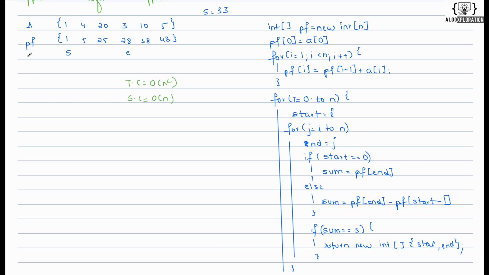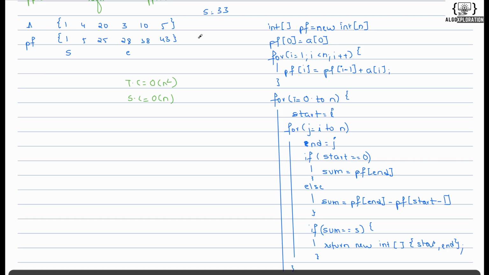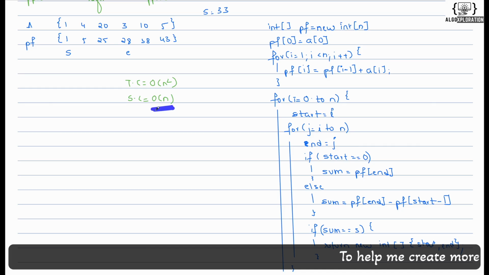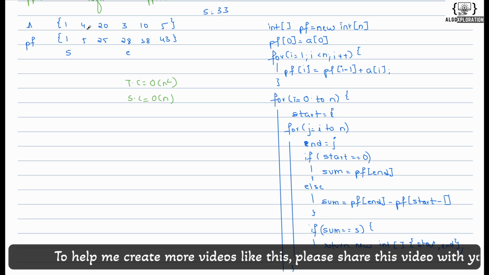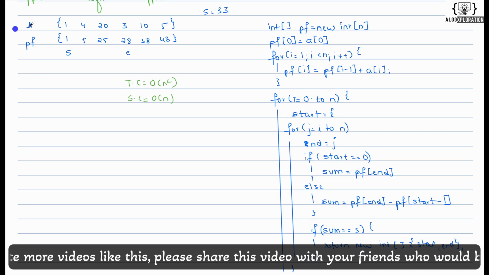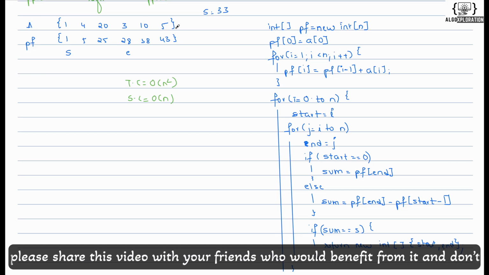But the thing is that, let's say if the array a is final in terms of Java, right? We cannot modify it, right? So we have to use this. But if we can modify it, or let's say if it is not final, then we can simply manipulate this array and make it a prefix sum.